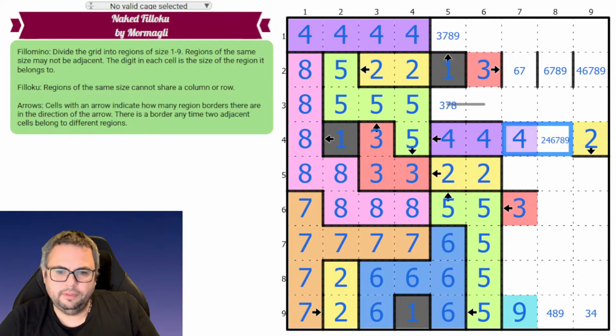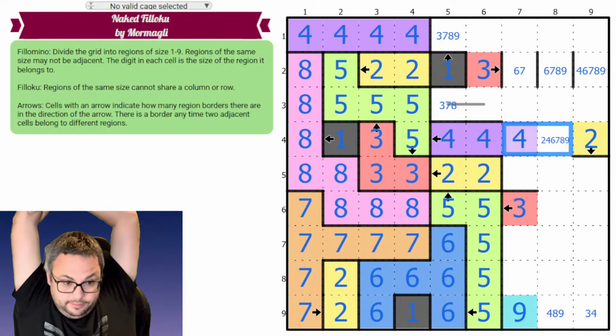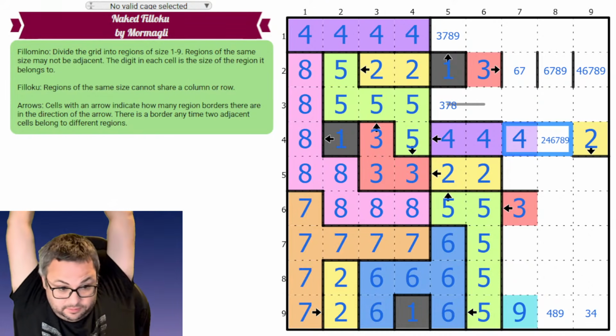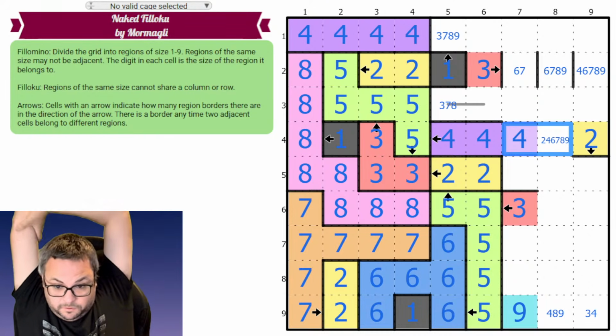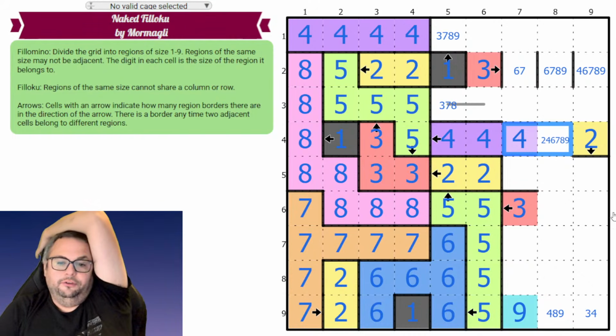Is it easy to argue that by math that this can't be a 4? I don't really want to, but it seems like the sort of thing that one of you in chat will do for me.